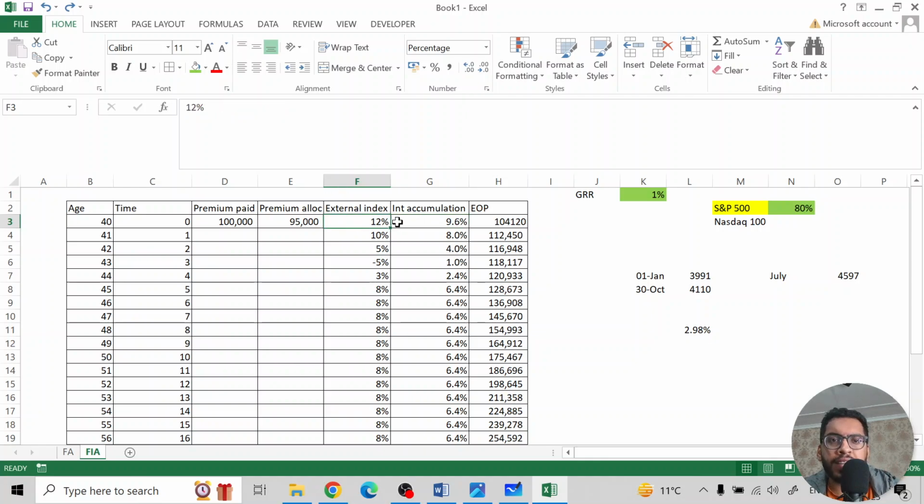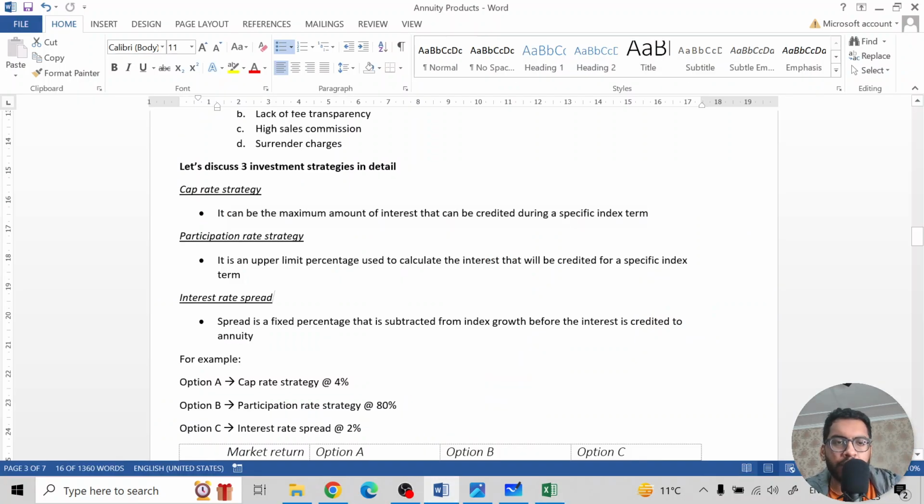If it is 2%, then it will be 2%, 3 then 3, 4 then 4. But if it is 11, you are going to get 10%. If it is 15, you are going to get 10%. If it is minus 5, you are going to get 0% because you get full principal protection.